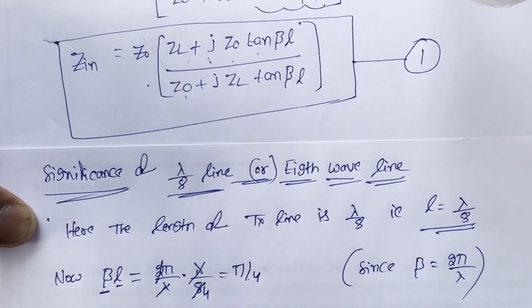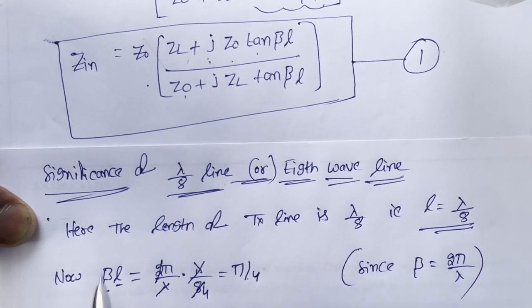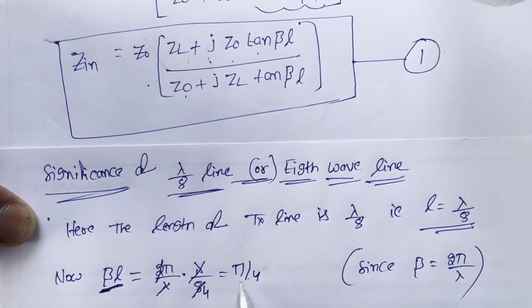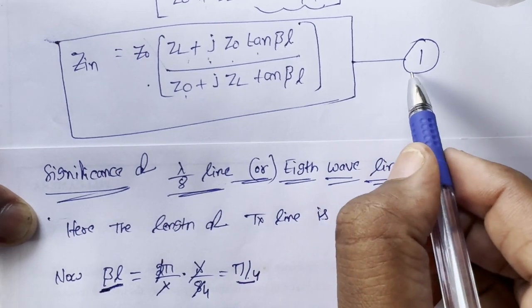Now I am substituting the value of beta L, that is pi by 4, in equation 1.